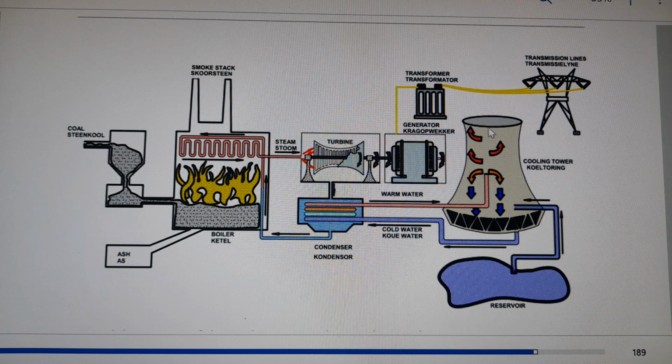People think it's smoke, but it's not smoke, it is steam. This steam is being condensed down again. From being hot steam, it becomes water again, and it is collected at the reservoir, and some of it goes back as cold water to the boiler.